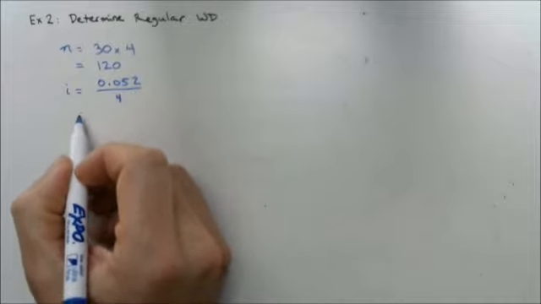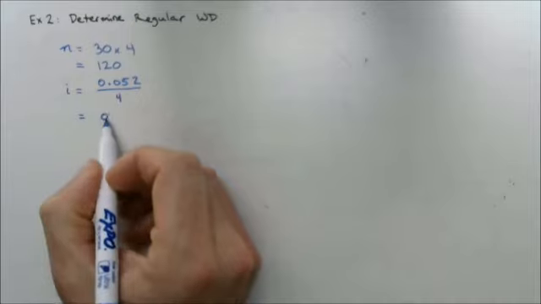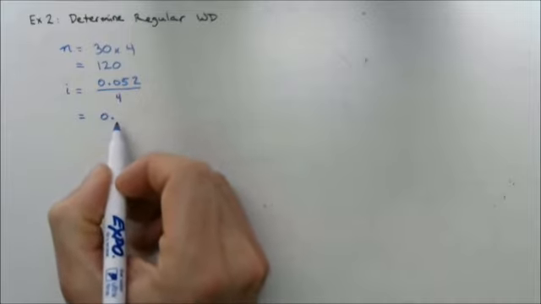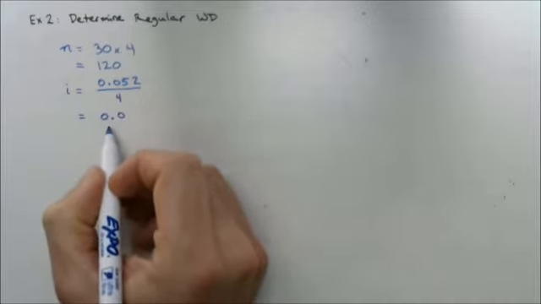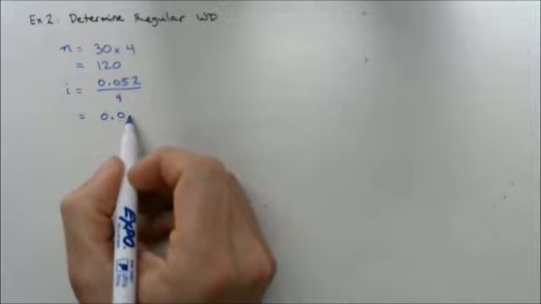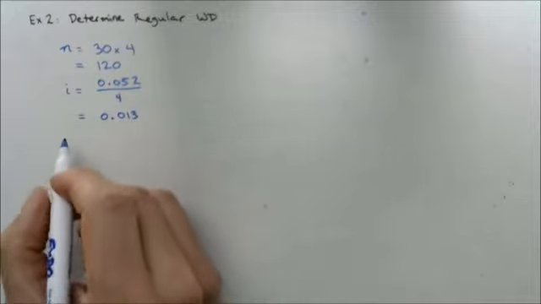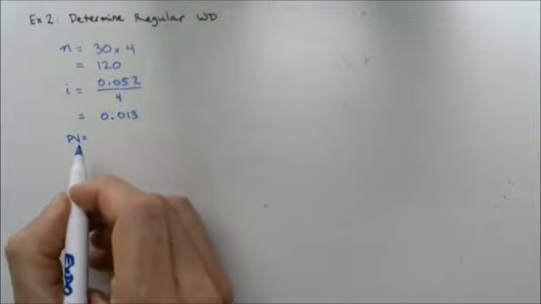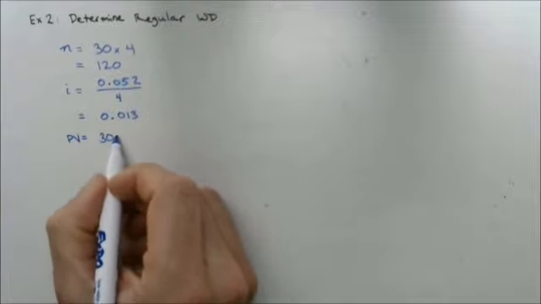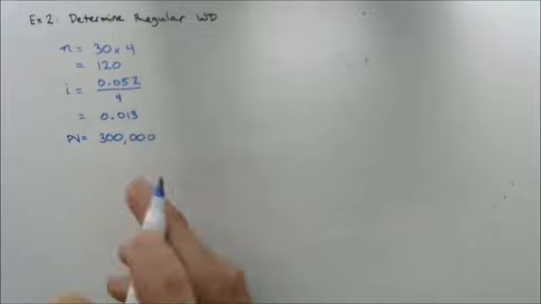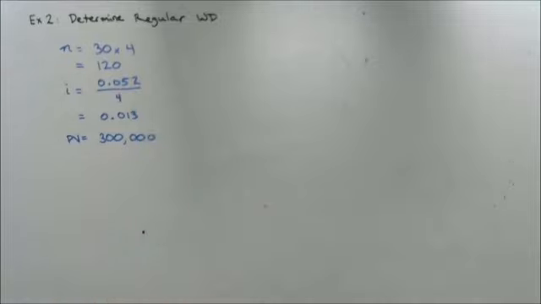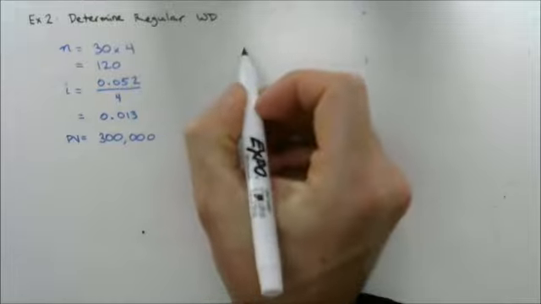So we're going to divide that by 4, and we get an interest rate per compounding period of 0.013 as recorded as a decimal. And we know the present value. She has $300,000 saved up. So we're just going to use the formula for the present value of an annuity in order to solve for the regular withdrawal R.